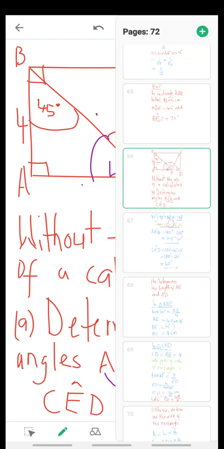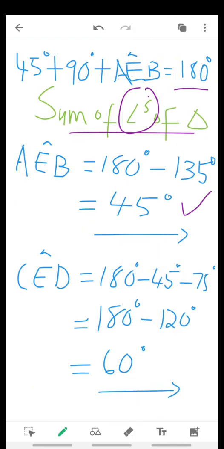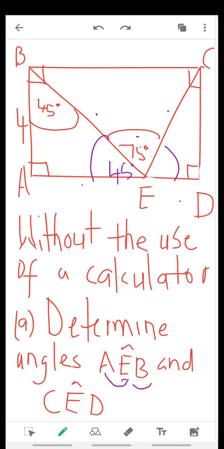Let's write it down. Angle CED is equal to 180 degrees minus 45 degrees minus 75 degrees, which is 120 degrees. Now, 180 degrees minus 120 degrees, the answer for CED then is 60 degrees. This angle here is 60 degrees.